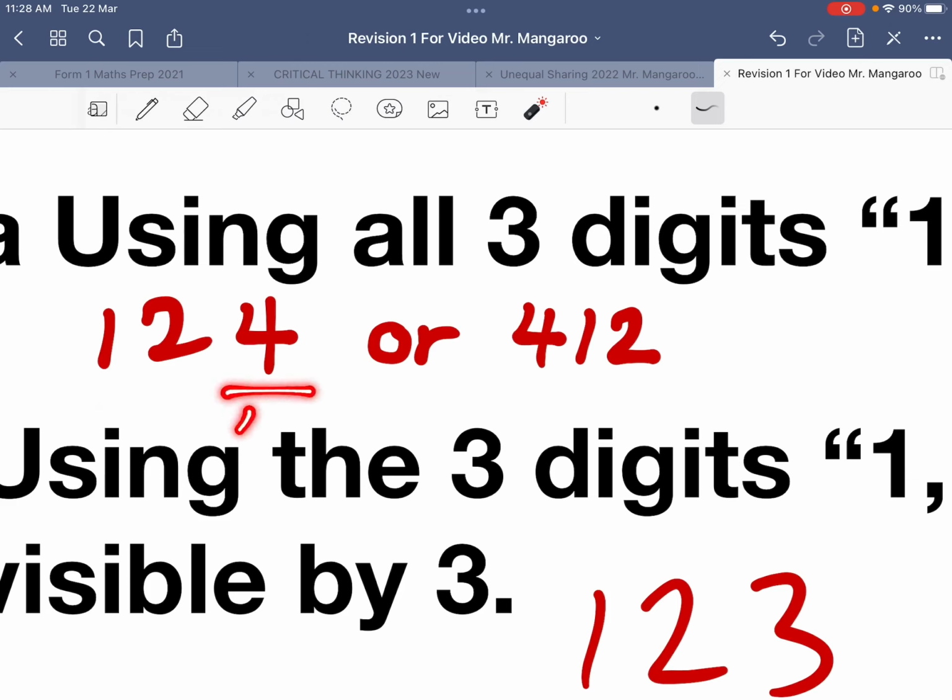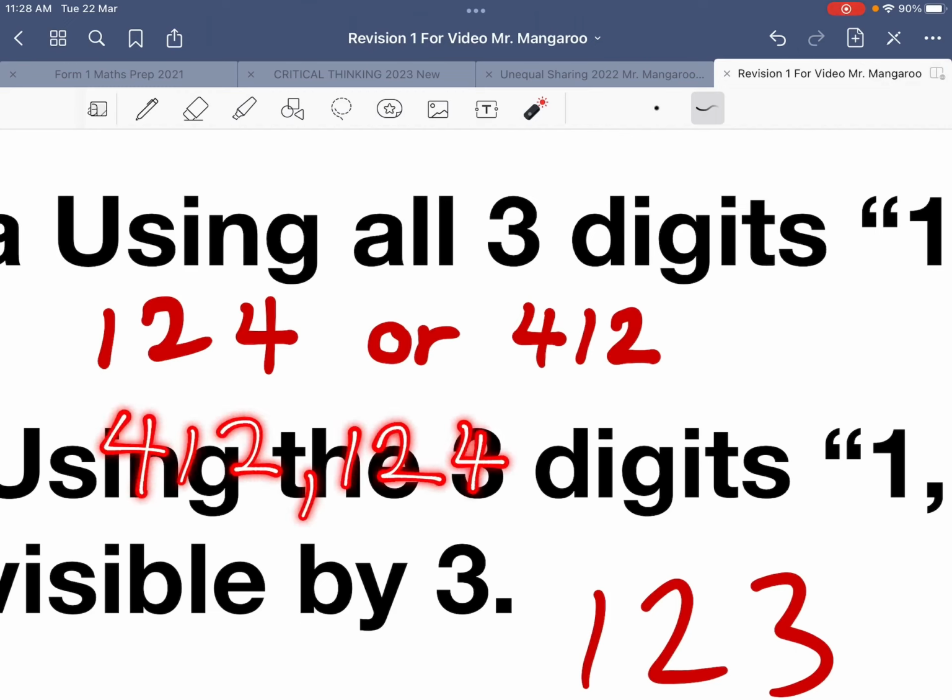So since this is divisible by 4 and this is divisible by 4, then the number is divisible by 4. So whether it be 412, 124, what else will work? Well, I think that's it.